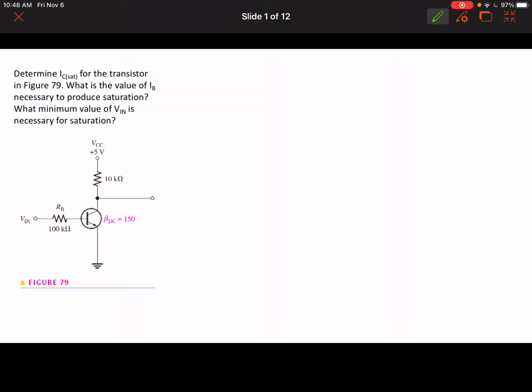So the equation for the saturation current is given by VCC minus VCE saturation divided by RC. In this case, we don't have this VCE saturation value.